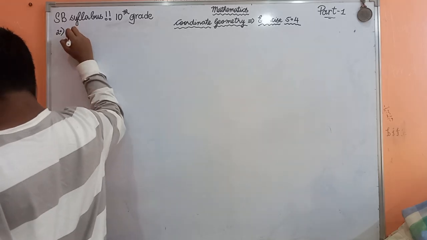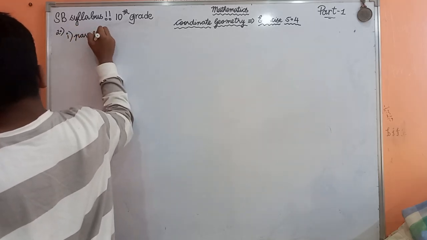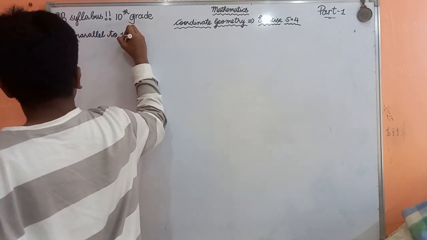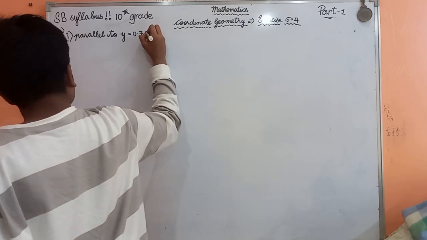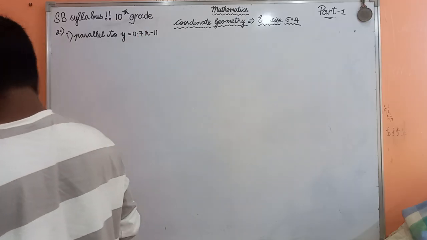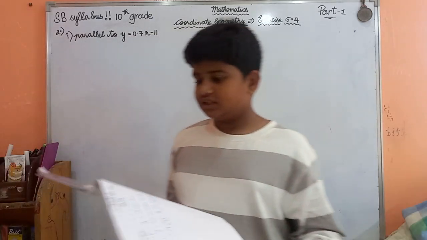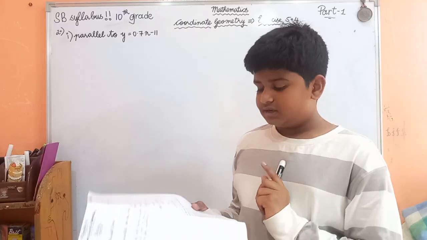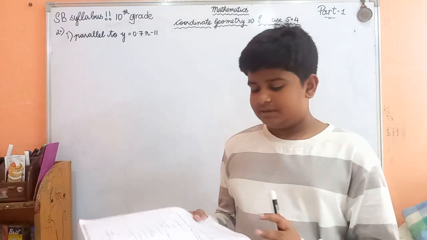First question. We're going to find the slope of the line parallel to y is equal to 0.7x minus 11.